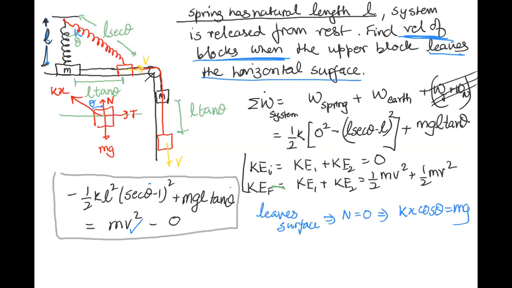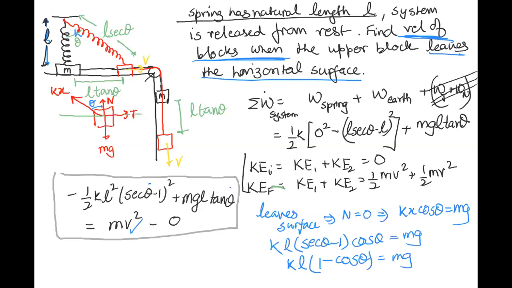But what is x? It is kL (sec theta minus 1) into cos theta is equal to mg. And if I put this cos theta inside the bracket, I will be left with kL (1 minus cos theta) is equal to mg.